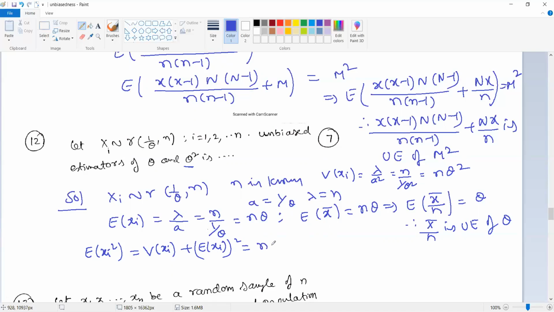Now n theta square plus E of xi, which is n theta, so n square theta square. Here theta square, n theta square common, so 1 plus n.